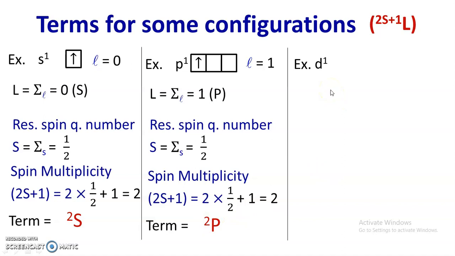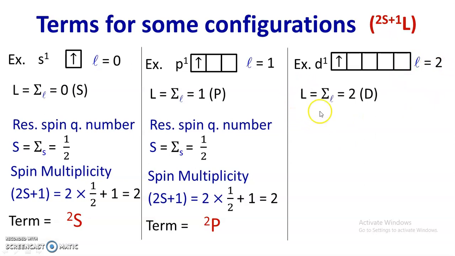And the third example, the configuration is D1. If it is D1, then electron is accommodated in D subshell, and for D subshell L is equal to 2. And now capital L, it is the sum of L values, as there is only one L value, that is 2. So capital L, that is the resultant orbital angular quantum number, is also 2.